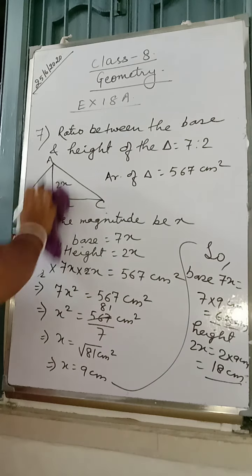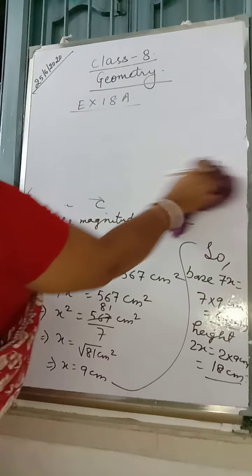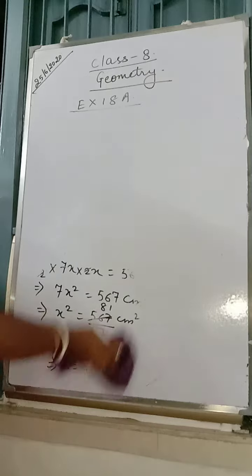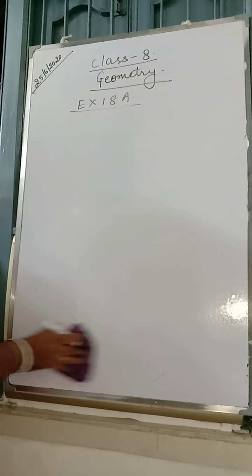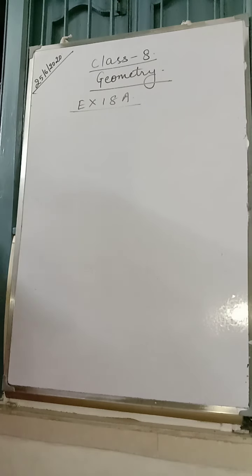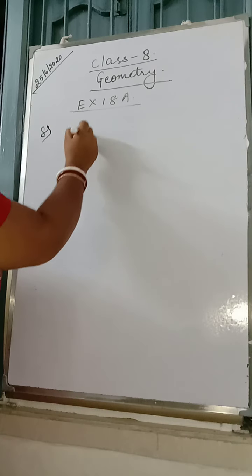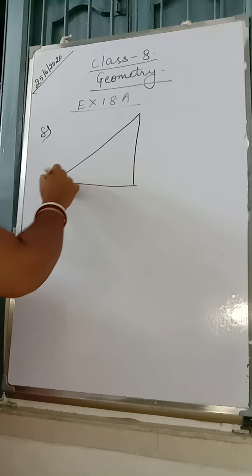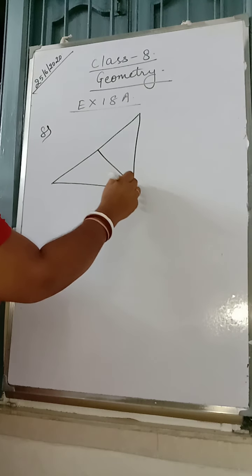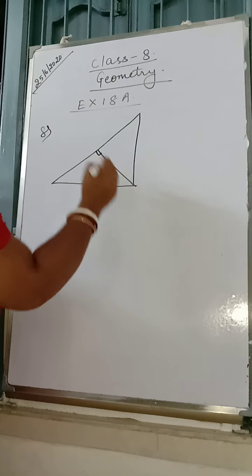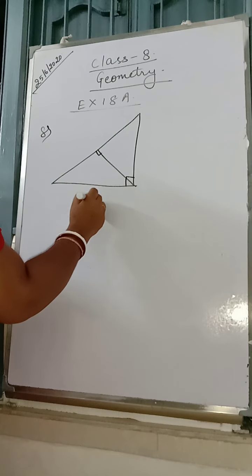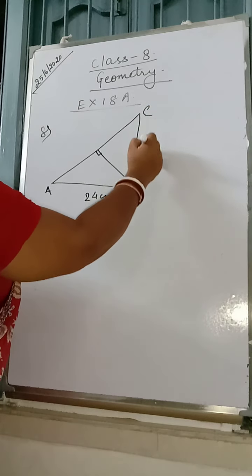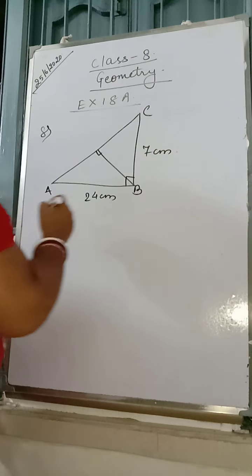Look at question number 8. The figure is a right angled triangle. This is 24 centimeter. A, B, C. 7 centimeter.